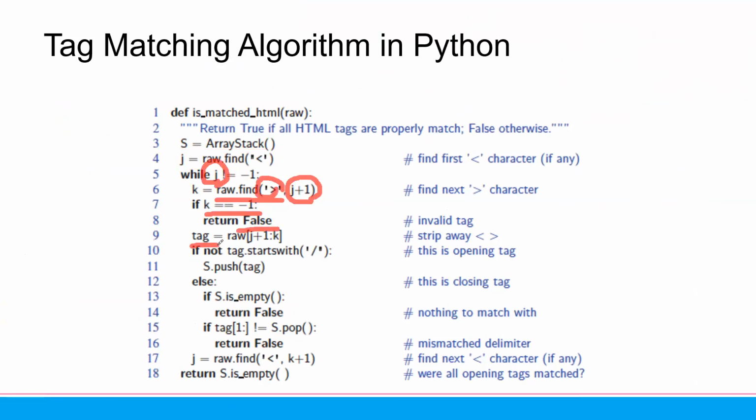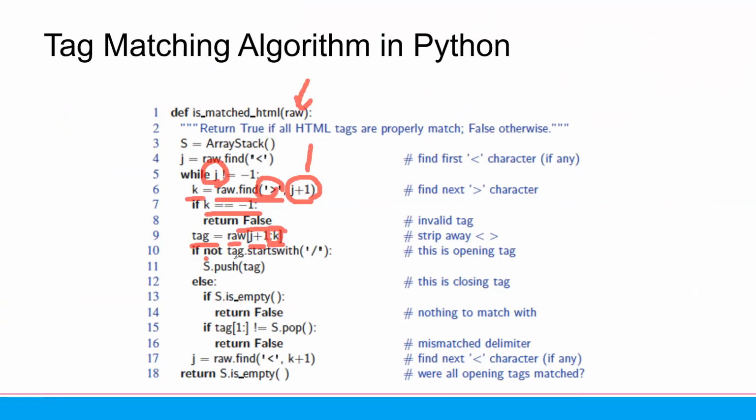I would like to check the tag. It means the raw, j plus 1 until k. So I want to check the element from j plus 1 until k, until we find that element.